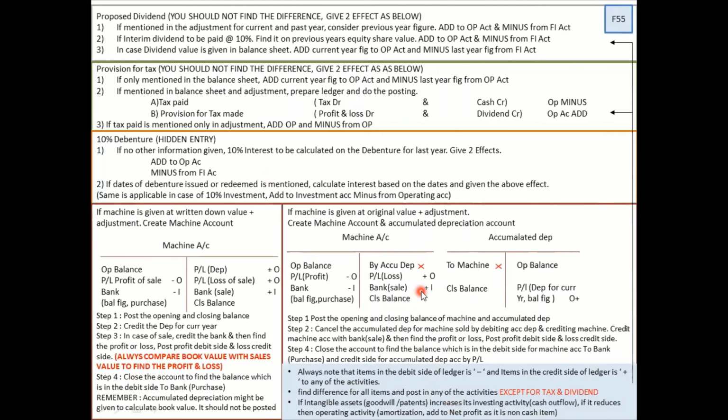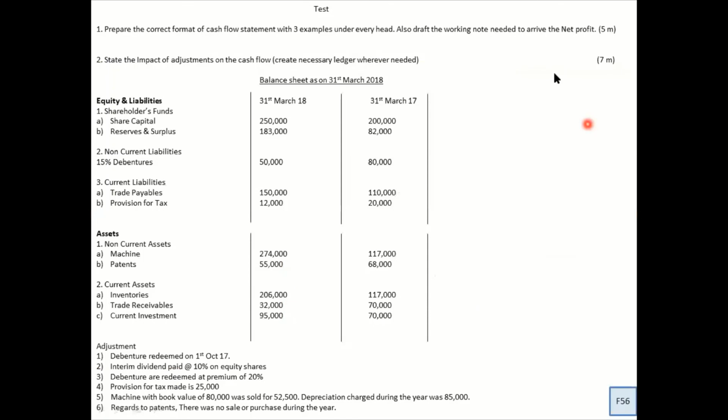Once this is done, I would advise all of you to look into 2 sums as a test. This sum, you will not do it as a comprehensive sum, but you will only attempt all the adjustments. You have to figure out whether you have to create a ledger or you will give a to effect.